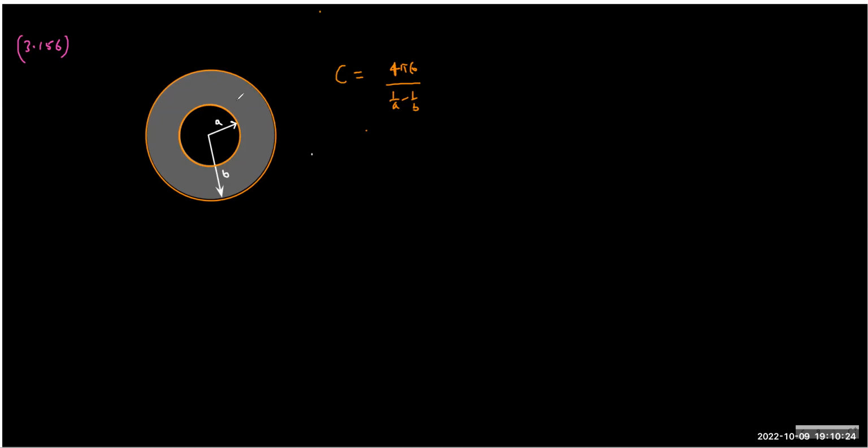So let's say the resistivity of the medium is rho. Okay. So when we have a potential source, let's say the potential source has voltage V. You can connect it the way you want.